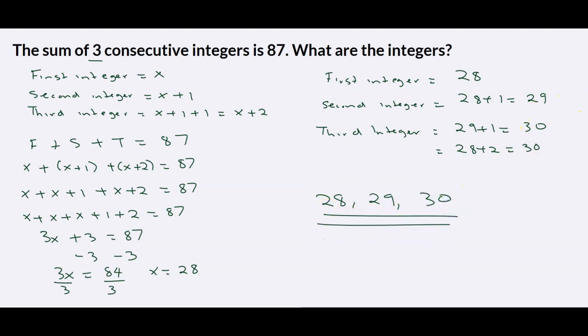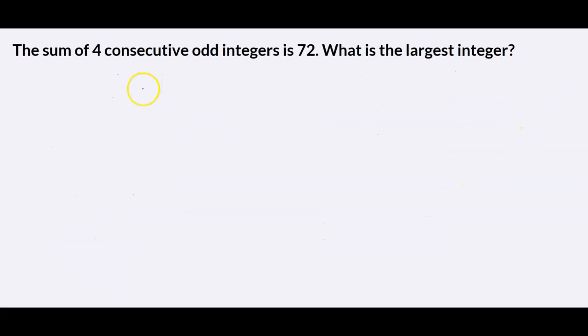Let's try another example. The sum of 4 consecutive odd integers is 72. What is the largest integer? So 4 consecutive odd integers. So the first one is going to be x. Remember that for odd integers, the next odd integer is going to be 2 plus the previous one. So the second is going to be x plus 2.